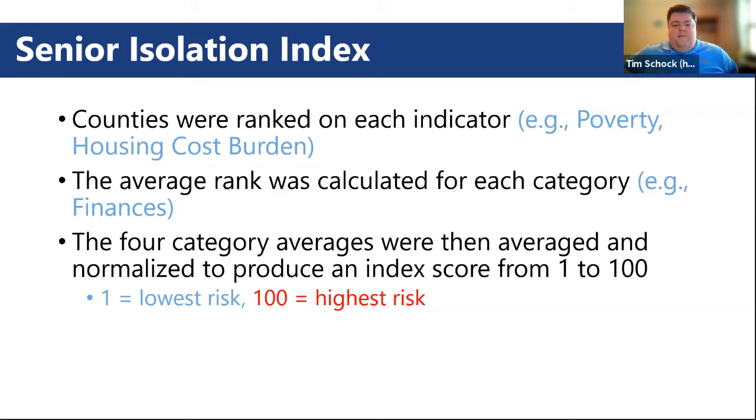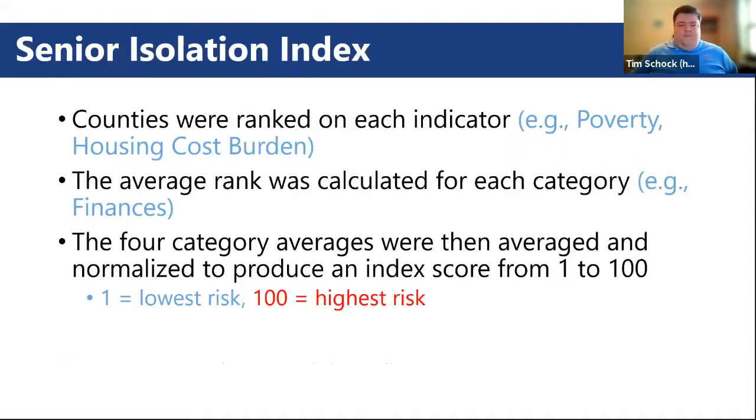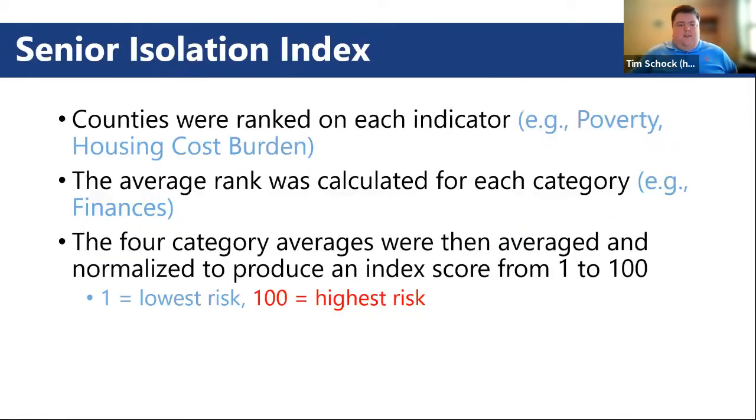So we created 4 sub-indices that related back to senior finances, living arrangements of older individuals, their ability to access community, and then also individual barriers. And then we averaged across the 4 to create a final index score. We normalized it so that we had values from 1 to 100, where 1 represented the lowest risk, and 100 represented the highest risk.